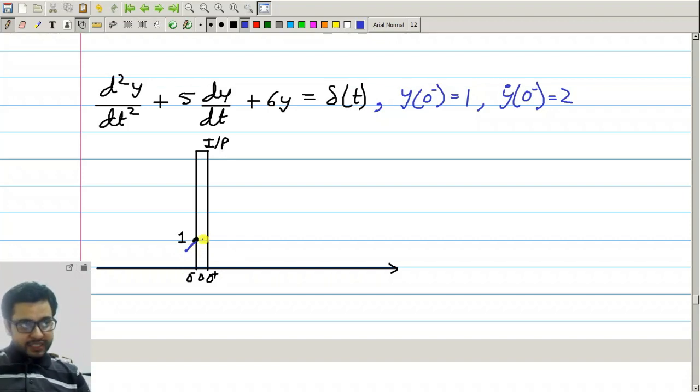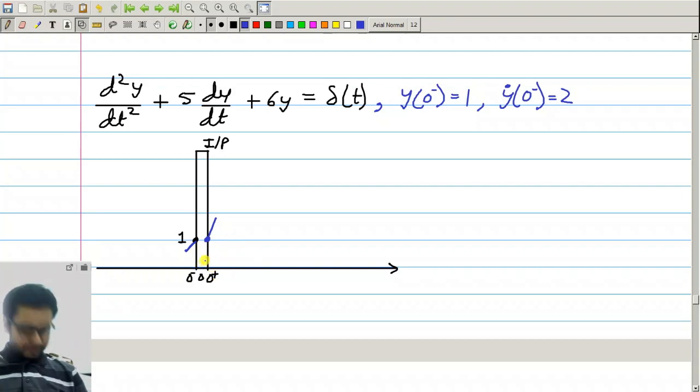And then within this narrow region, we actually did not try to find out a functional form or mathematical expression for y. Instead, we logically argued that y should be continuous, and so after this narrow interval the value of y should remain 1. And we calculated that after this interval the slope of y will increase and become 3.